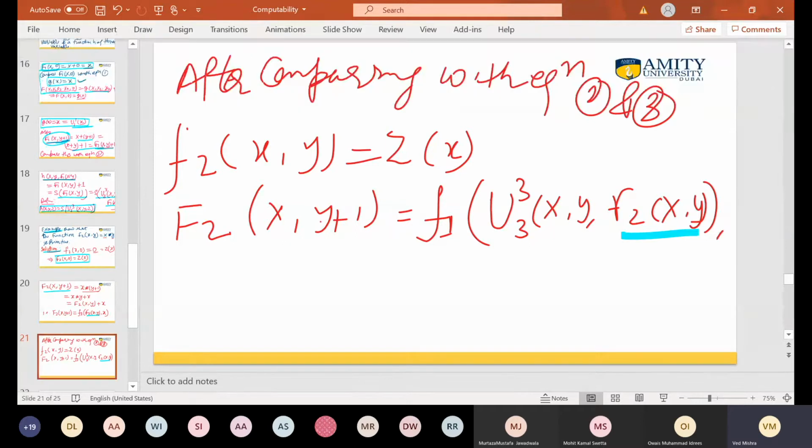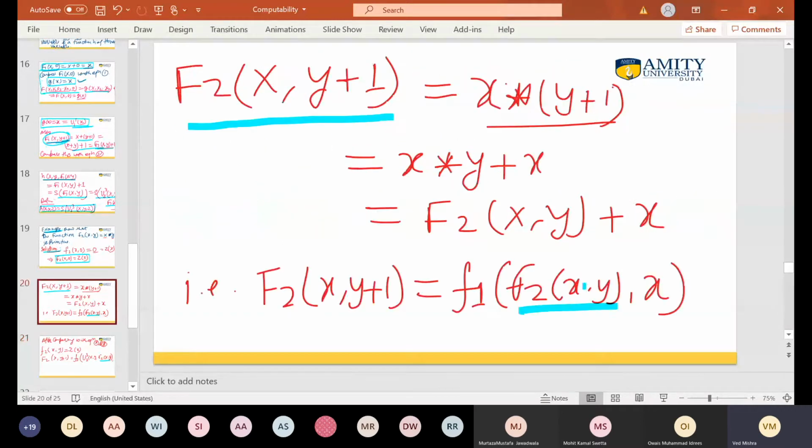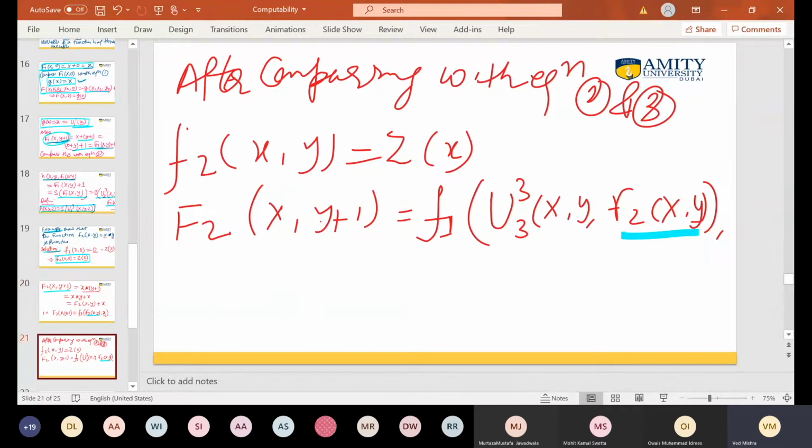And then for this x, what can you write? Comma u13 x y f2 xy. Can you write this? Anybody is having any confusion how we are writing?